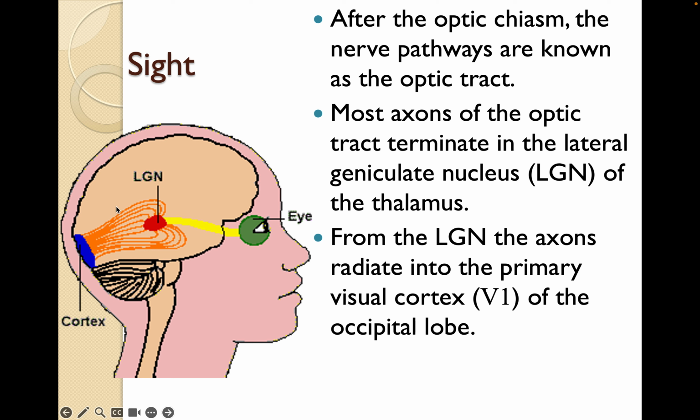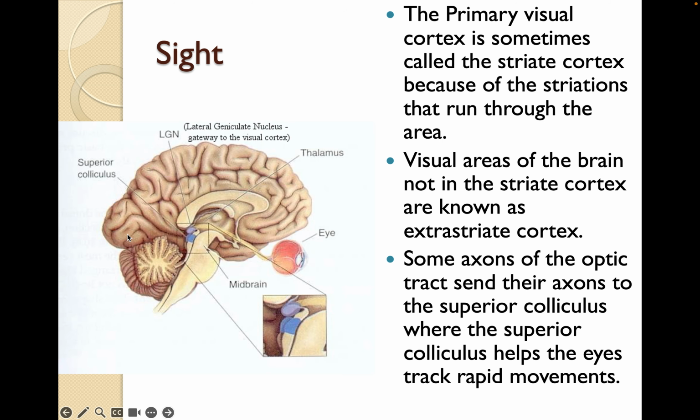And we saw how extensive that was and how far it extended into the brain. This is the V1 section. The primary visual cortex is sometimes called the striate cortex because of the striations that run through the area. Visual areas of the brain not in the striate cortex are known as extrastriate cortex.